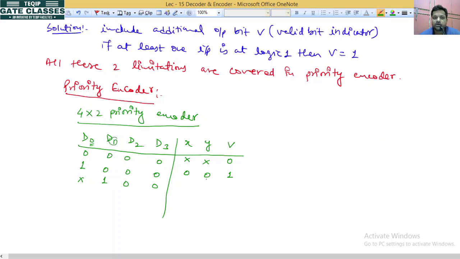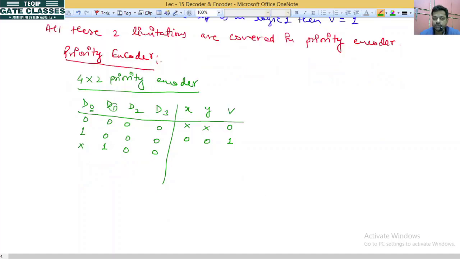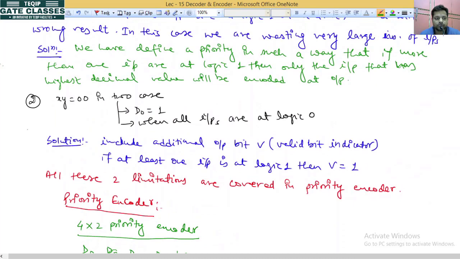If X is 1, in that case, see here, D0 will be 1 and D1 will be 1 at the same time. Okay, na, at the same time D0 and D1 will be 1. So which one is reflected at the output? In the solution we have written that if more than one input is at logic 1, then only the input that has the highest decimal value will be encoded at output.